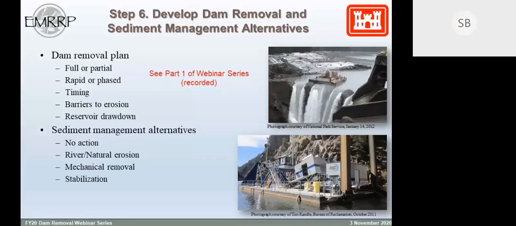Also, sediment can be stabilized in place by creating a stable channel either through or around the reservoir sediments in such a manner that those sediments are not going to erode. Vegetation and bank stabilization techniques can also be employed to help stabilize that sediment. I do want to point out, though, that there's also a long-term risk associated with this because those measures could fail at some point. And the same risk applies to the no-action alternative of leaving the dam in place.